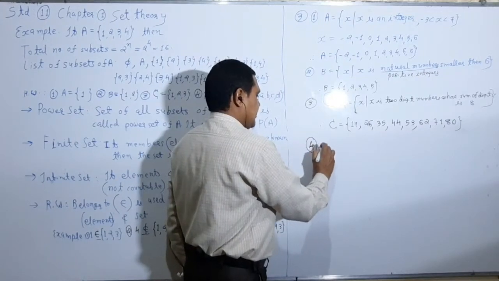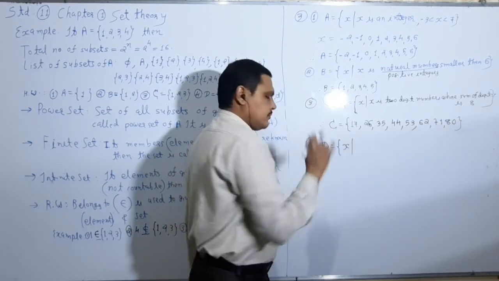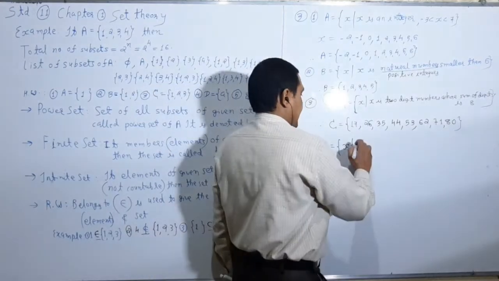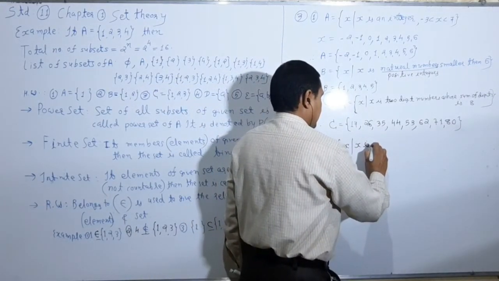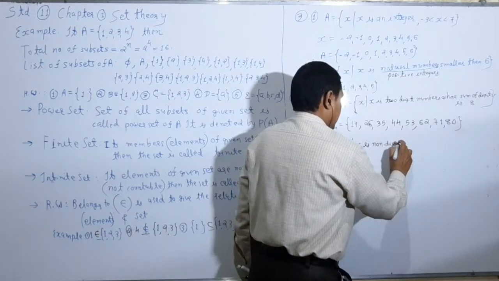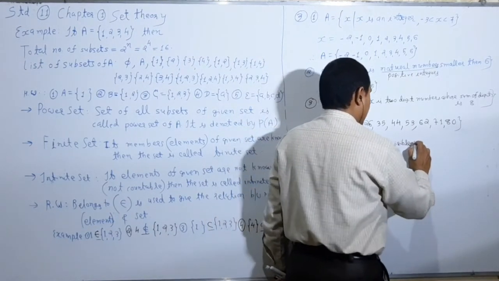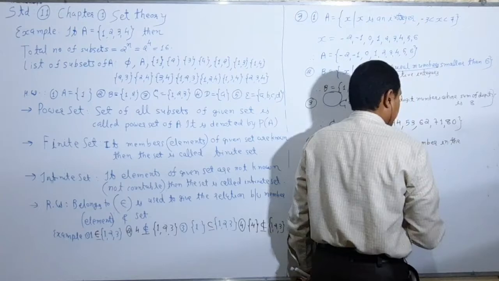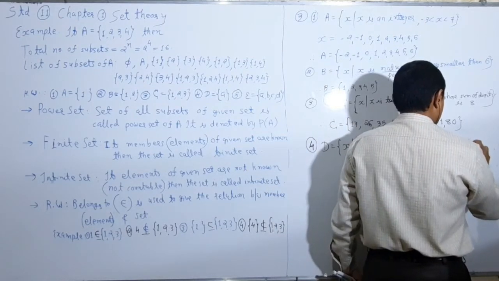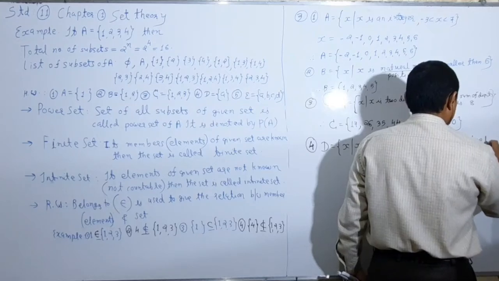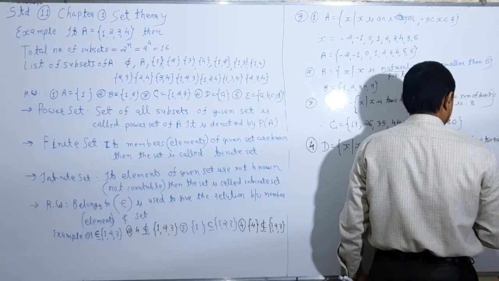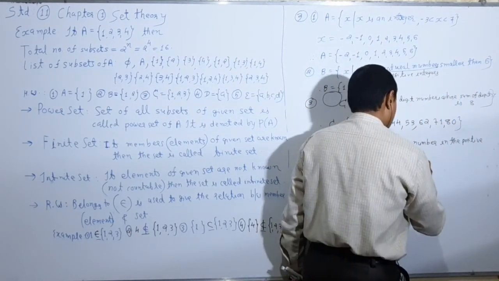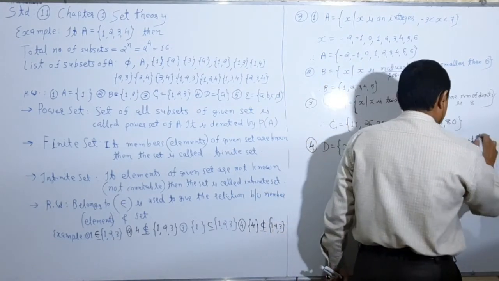Now the fourth question is x oblique, x is a non-divisible number in the positive factors of 60.